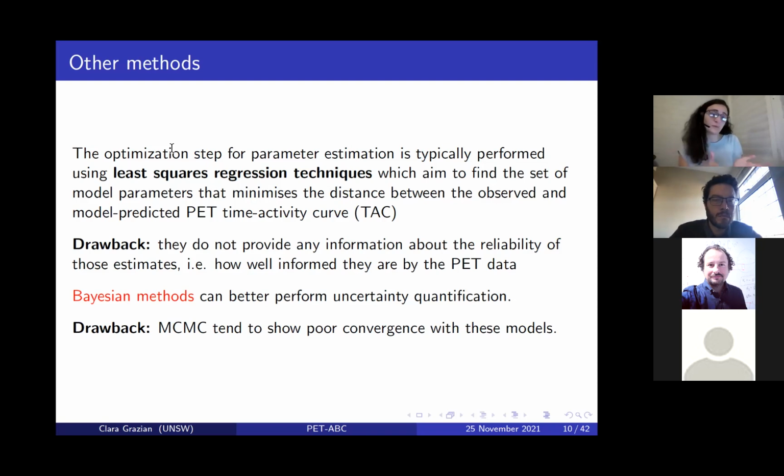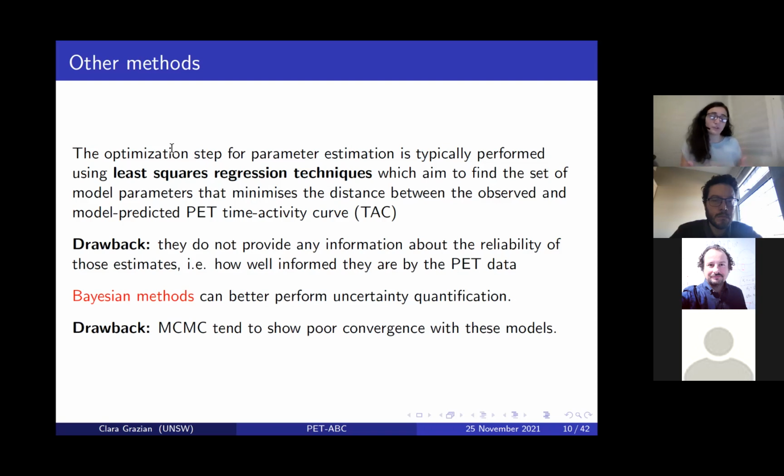And with least squares, the aim is to fit the model so that you can represent the time activity curve. The problem with the least squares is that they don't provide much information on the reliability of those estimates.